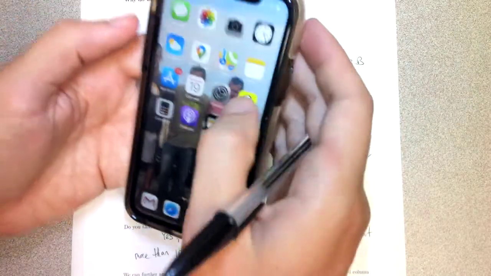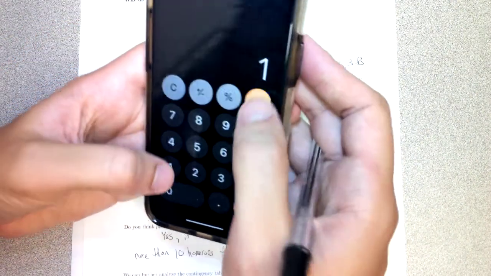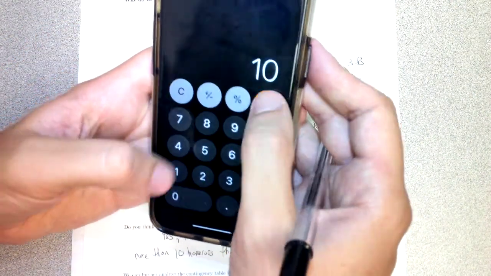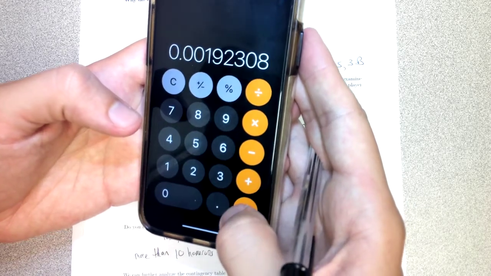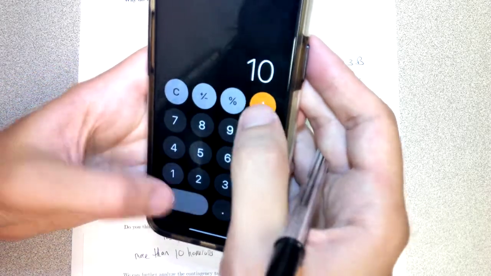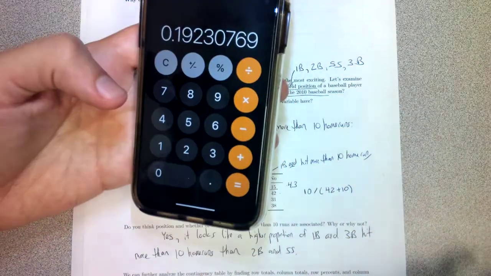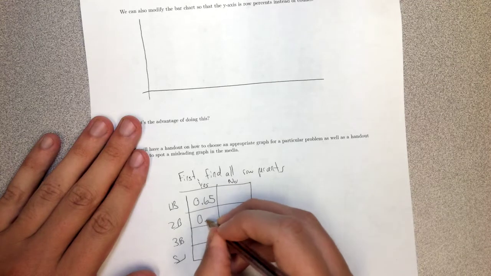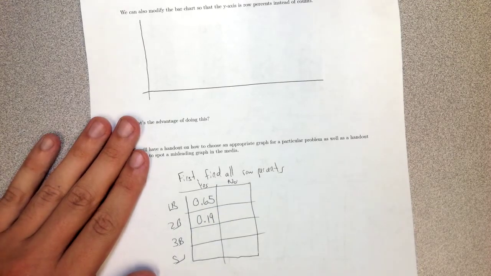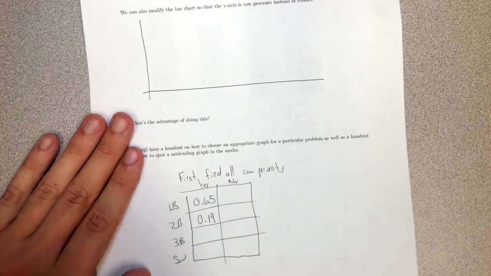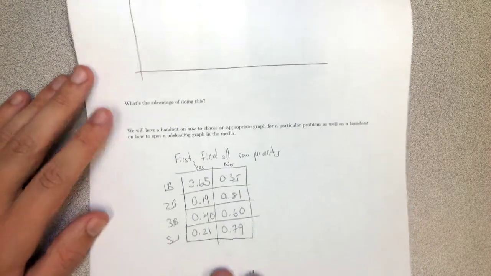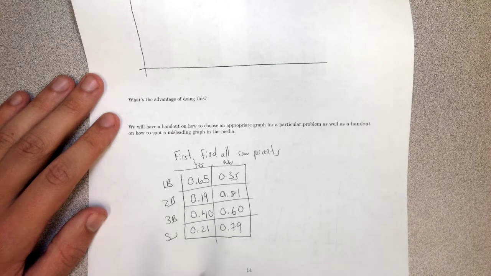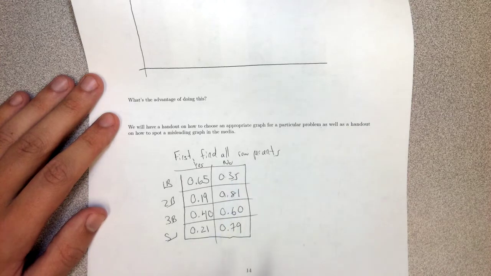And so that row percent is going to be 0.19. And then I'm just going to fill in the rest of the row percents. And like magic, they're there. So you could go ahead and pause the video real quick to fill those in.